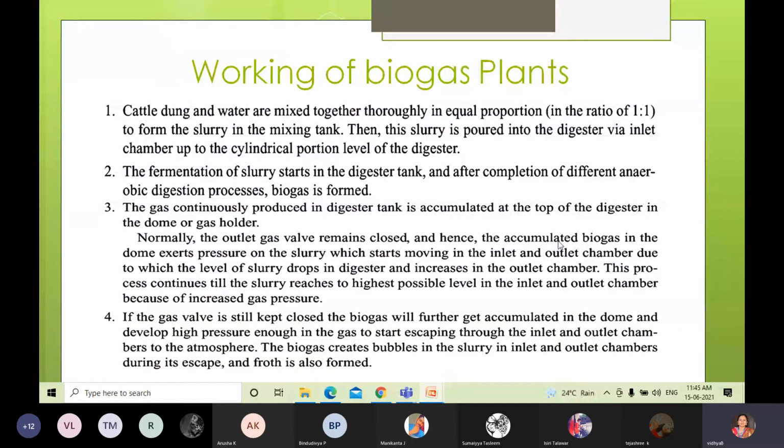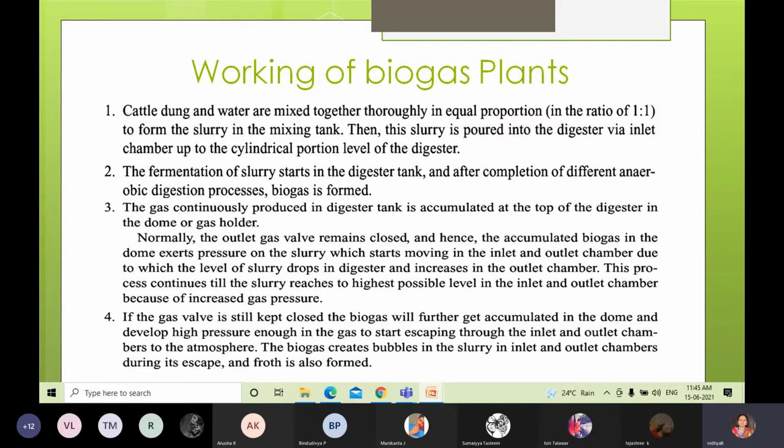Hence the accumulated biogas in the dome exerts pressure on the slurry, which starts moving into the inlet and outlet chamber, due to which the level of slurry drops in the digester and increases in the outlet chamber. The accumulated gas in the dome exerts a heavy pressure on the slurry stored in the digester part.